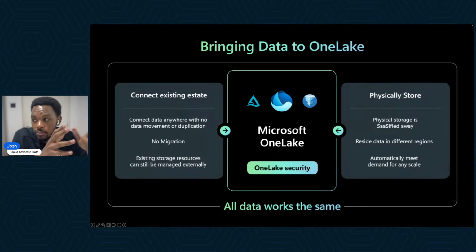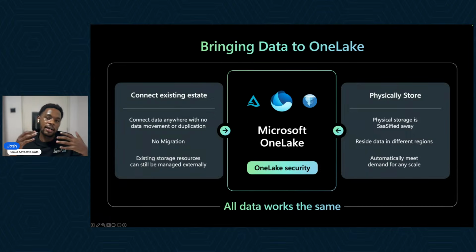The other possibility is you can physically store your data inside of OneLake. The storage is offered to you as software as a service, and OneLake should be able to meet any demand for any scale of data that you're bringing into Microsoft Fabric.